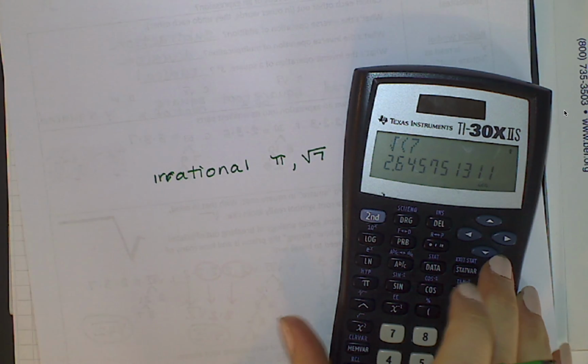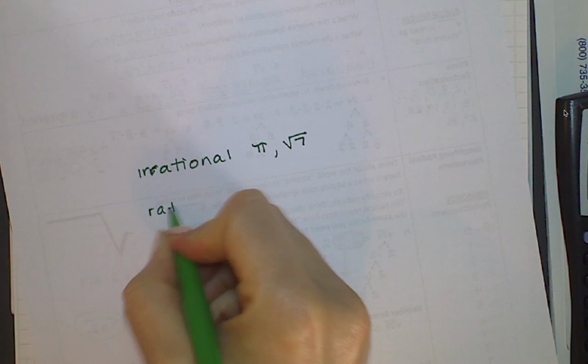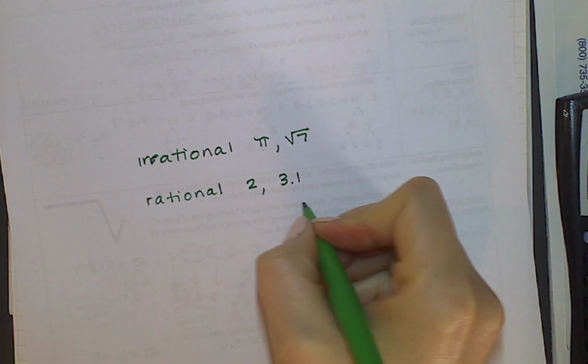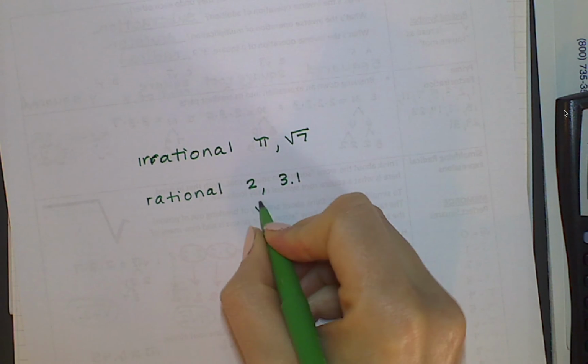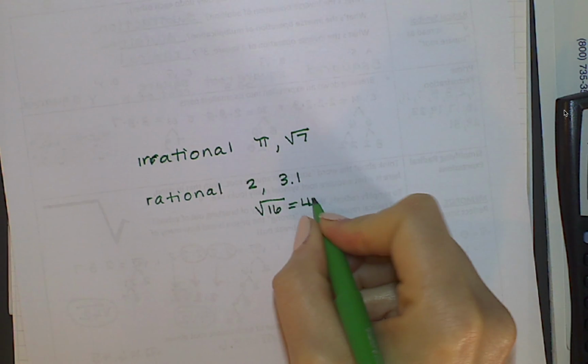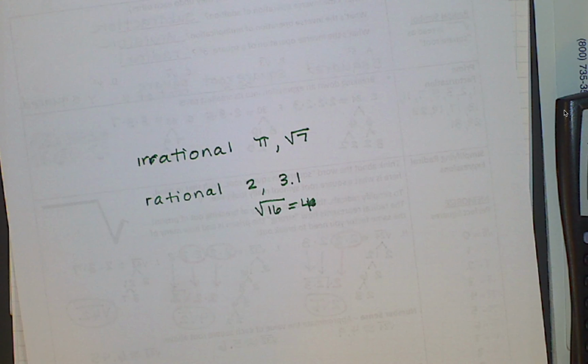Because it doesn't have an end, that's why it's irrational. Rational numbers have ends. So for instance, 2 or 3.1. Anything that has an end, square root of 16, which essentially is 4, okay? So when it has a specific end, then it would be considered rational, all right?